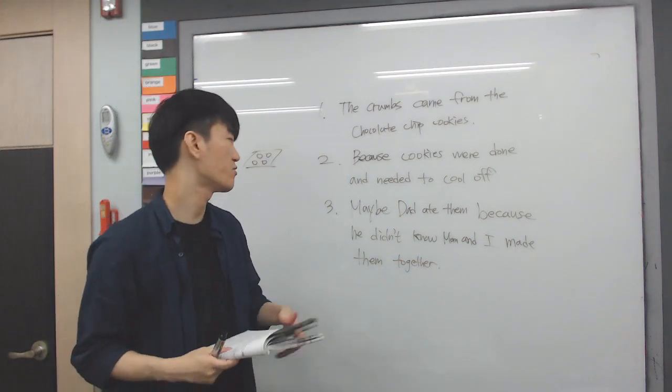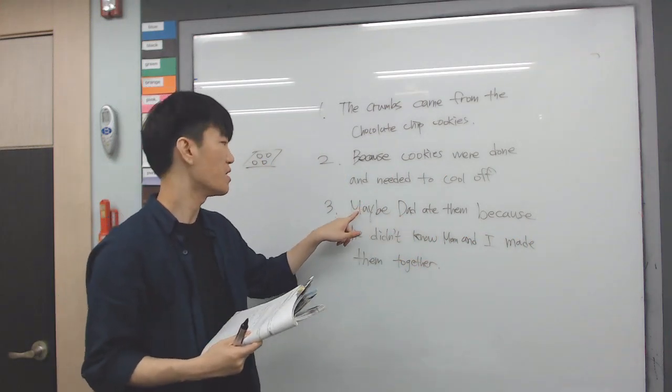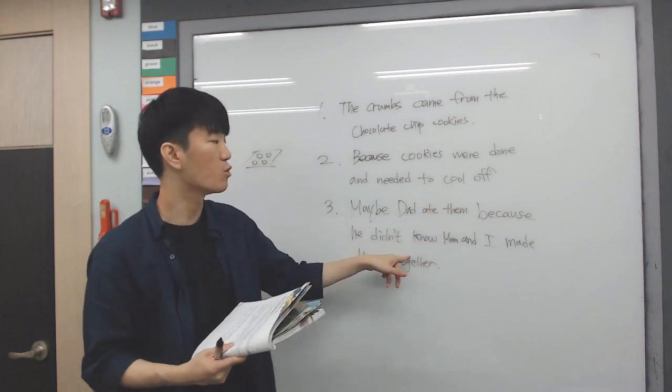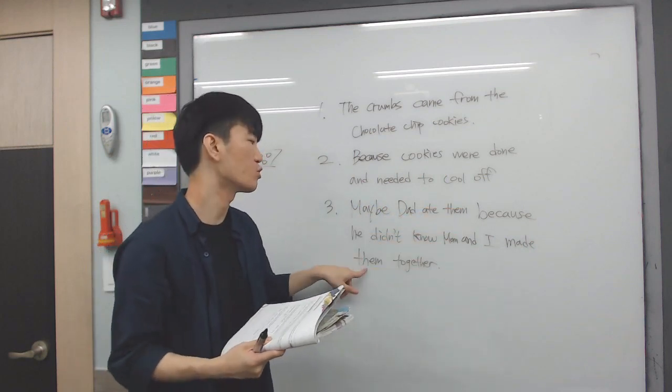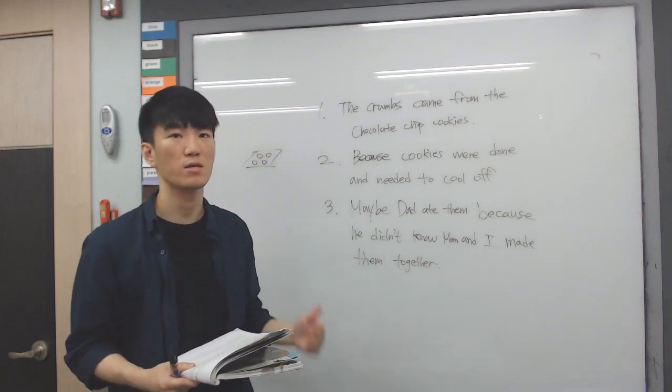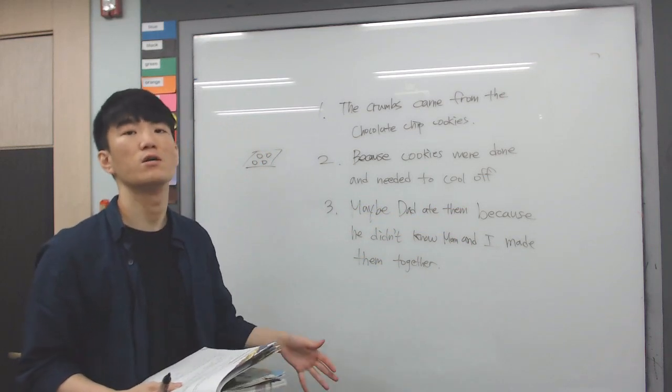So you might think of her dad. So maybe Dad ate them because he didn't know Mom and I made the cookies together. So he just ate it because he might have been really, really hungry.